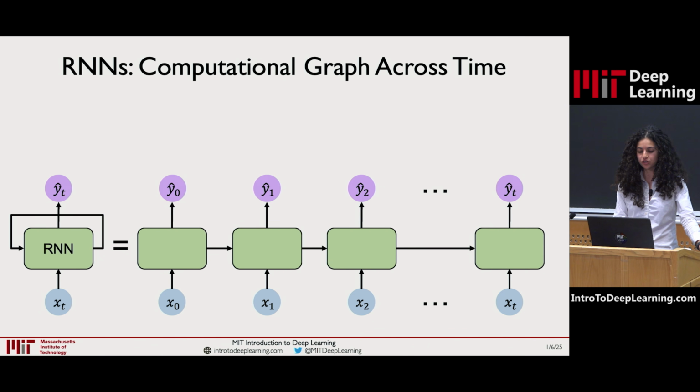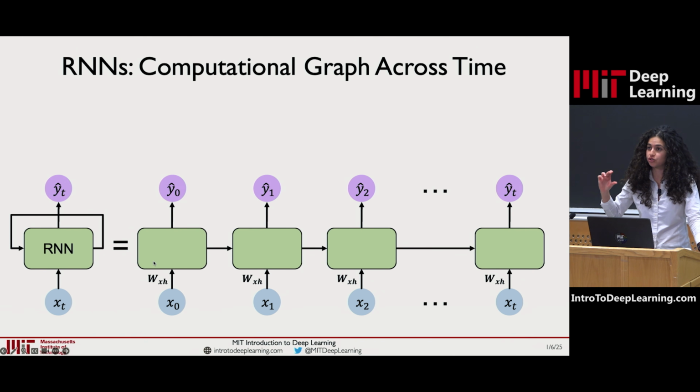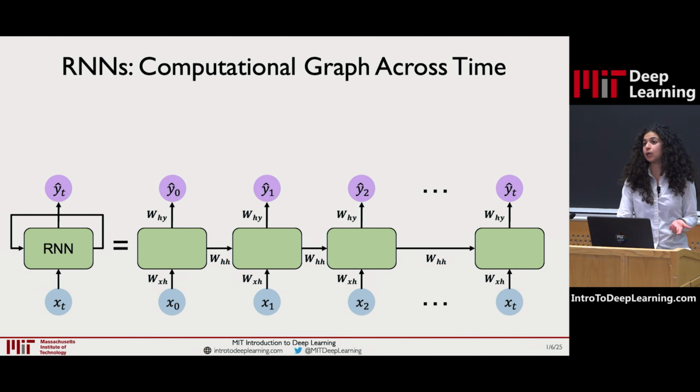We're generating the predictions. We can also bring back that formal math to this diagram, where now you can see we have one weight matrix that transforms the input to the computation of the hidden state. We have a weight matrix that defines how the hidden state gets updated. And finally, one that transforms the hidden state to the output prediction.